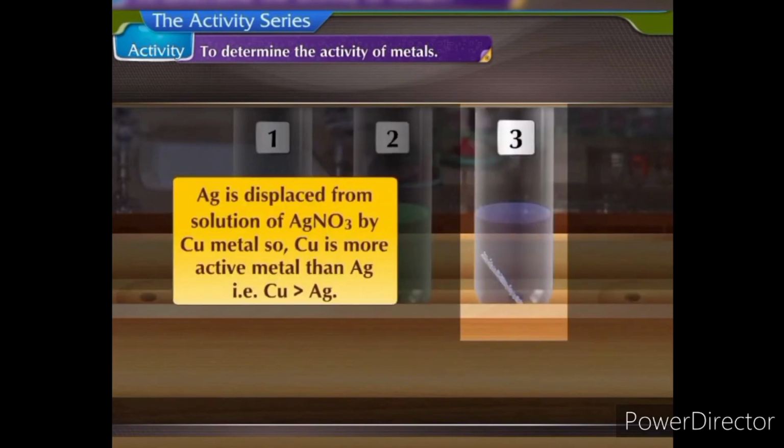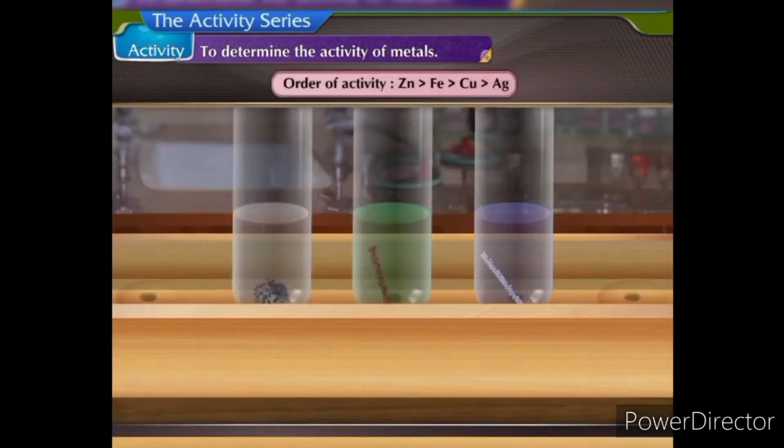And Ag is displaced from the solution of AgNO3 by Cu metal, so Cu is a more active metal than Ag. Thus, the order of activity of all four metals will be Zn > Fe > Cu > Ag.